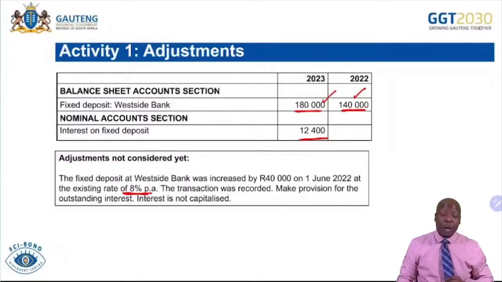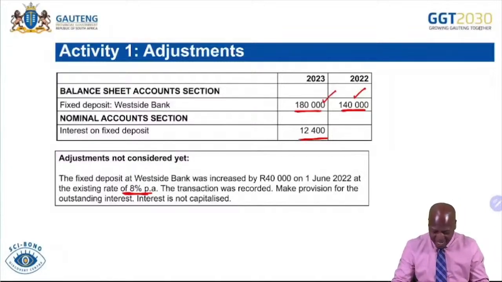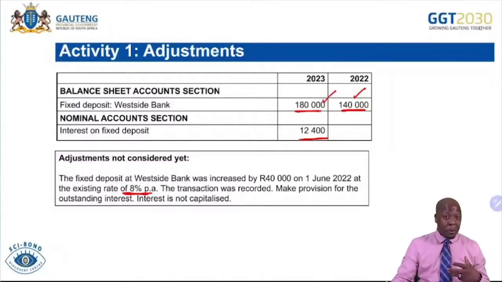The transaction was recorded. Make provision for the outstanding interest, and interest is not capitalized. There are several ways in which one would have done this, but let's look at one of the simplest ways. Are you ready? Okay, let's begin. It means at the beginning of this financial year, we had a fixed deposit of how much?